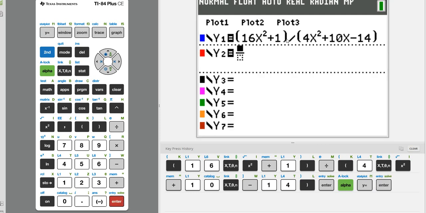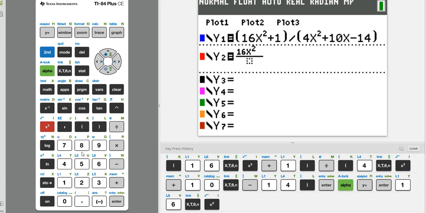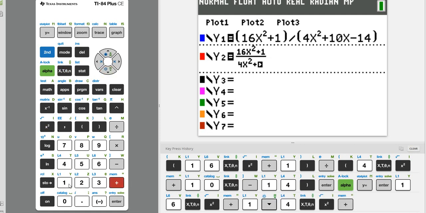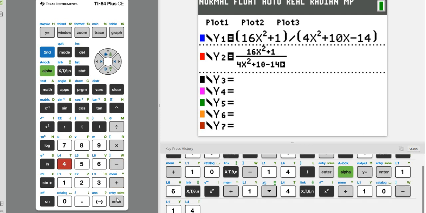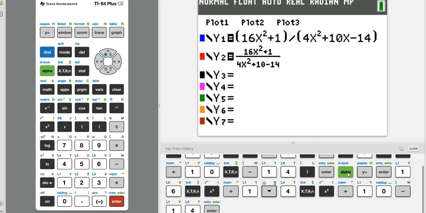Now I don't need to worry about the parentheses anymore. 16x squared plus 1 divided by 4x squared plus 10x minus 14. So again, to get that option, you're going to hit the alpha key, the Y equals key, and then enter, or type the number 1.